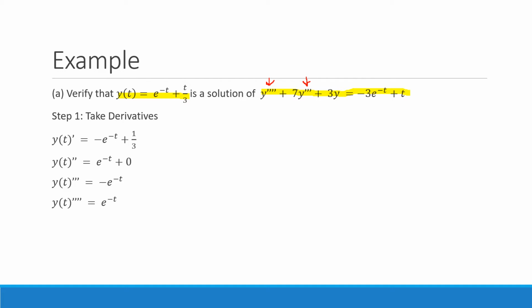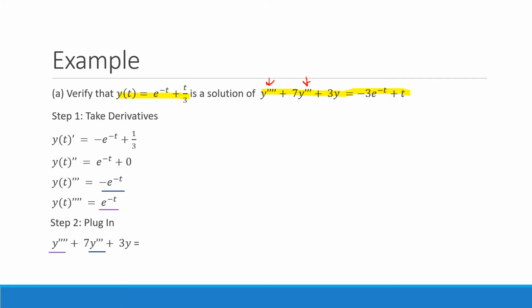So now that we have our 4 derivatives, we can plug them into our differential equation and go on to verify. So plugging in now, we have our equation, fourth derivative of y, which we're going to plug in from here, and we know that it's e to the negative t. Then we have our third derivative of y, which is negative e to the negative t, and we're going to plug that in here, making sure we distribute out our coefficient of 7.